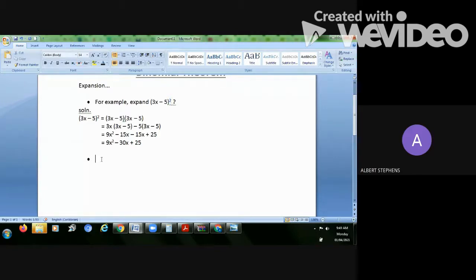What if you have something like this? 2 subtract 3x raised to the 4th power. How do you do that? Any ideas, guys?